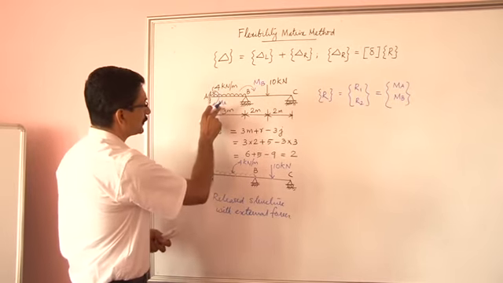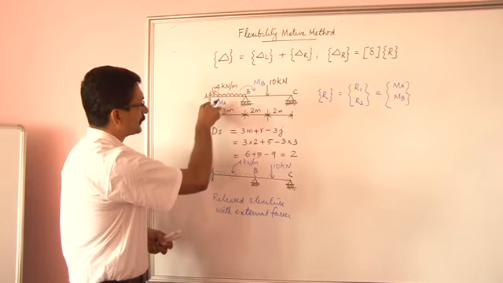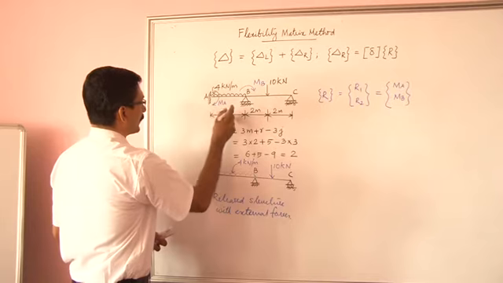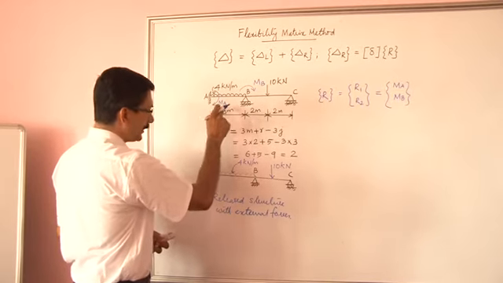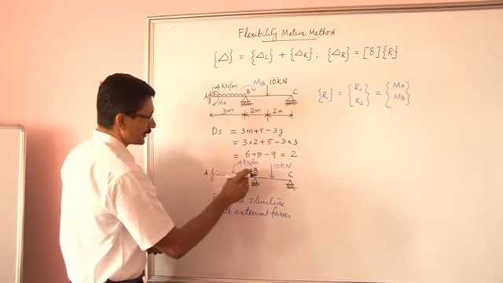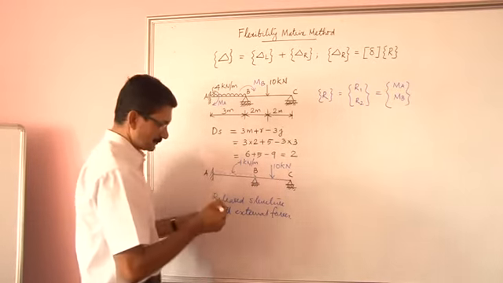Now, I can call the unknown moment MA the coordinate 1. Corresponding to this MA, I can choose a coordinate. So let me draw the coordinates maybe in another picture.